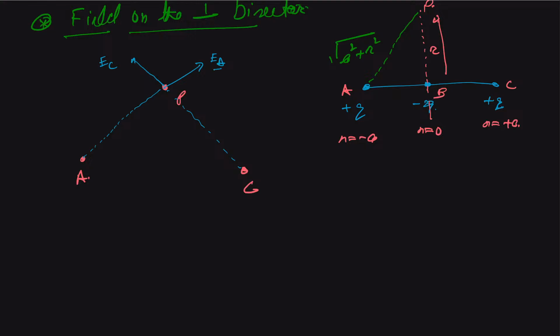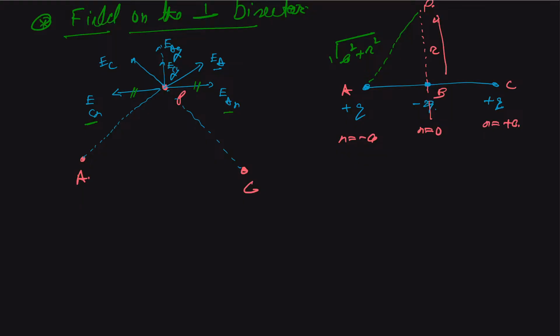So we can divide this EA and EC into components, horizontal as well as vertical. So this will be EAX and this will be EAY. Similarly, we are going to get this as ECX and this will be ECY. And this ECX and EAX will be the same but in opposite directions, so they are going to balance out each other because the distance is the same and the magnitude is also the same.